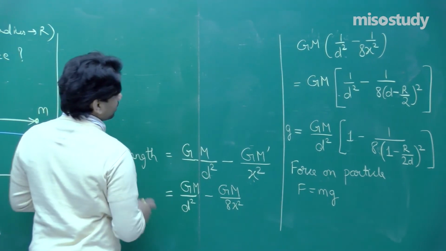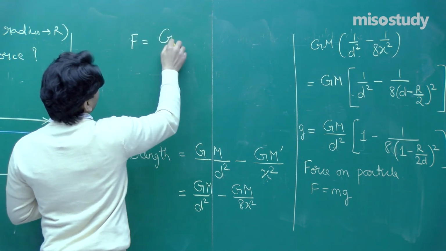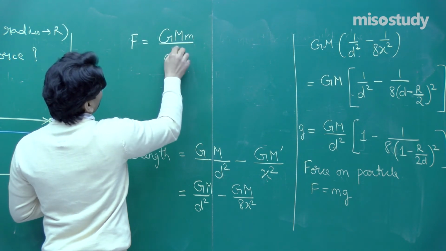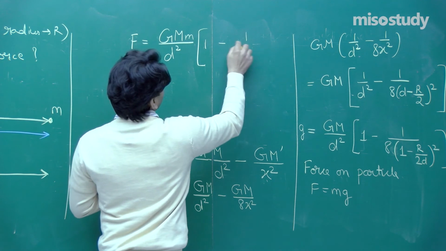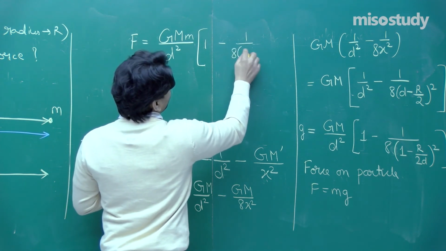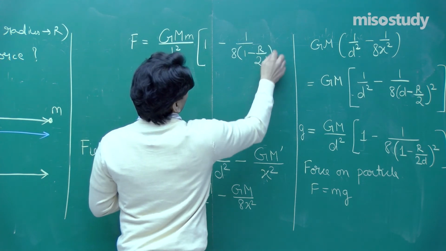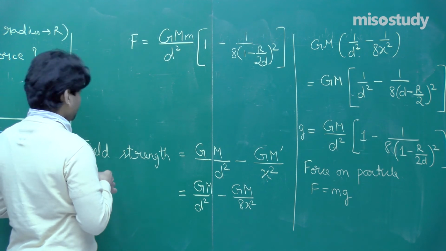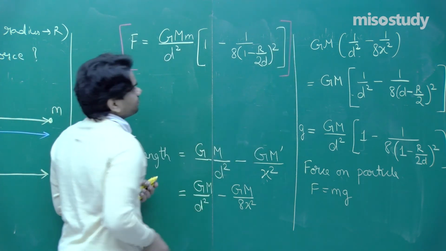Let me finally write down the force as F. That will come out to be G m m divided by d whole square, 1 minus 1 by 8, 1 minus r by 2d whole square. This will be the value of force on the given particle of mass small m.